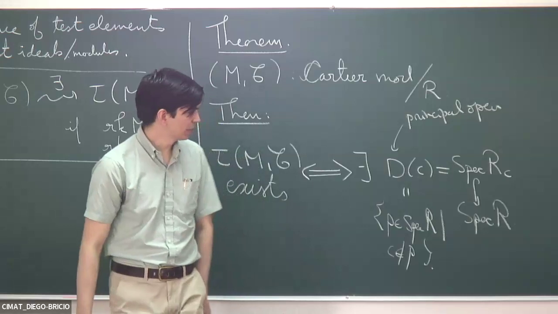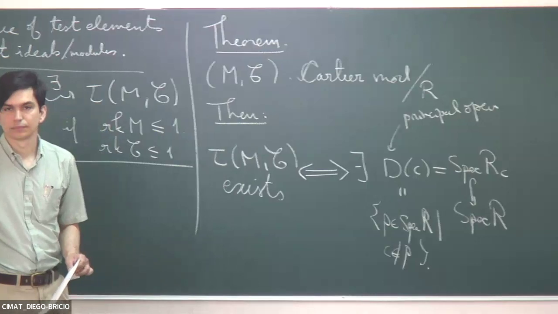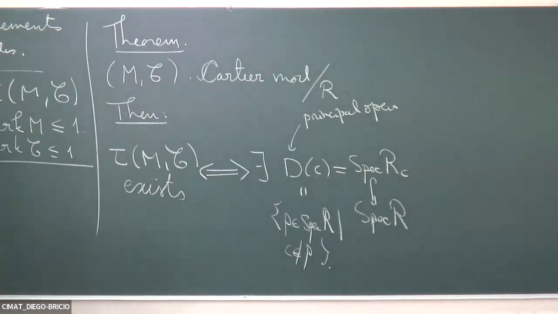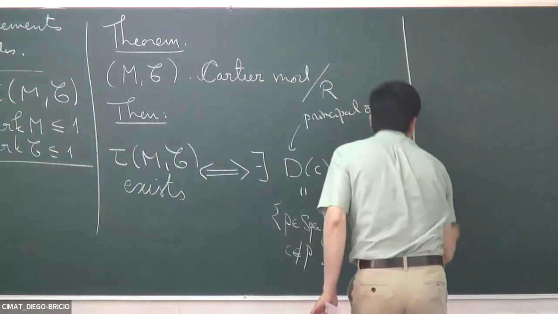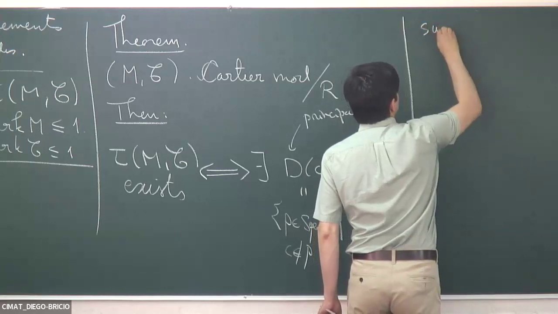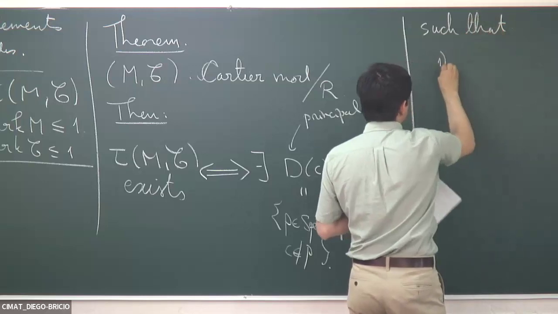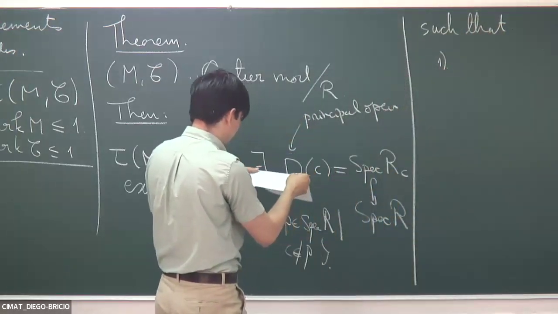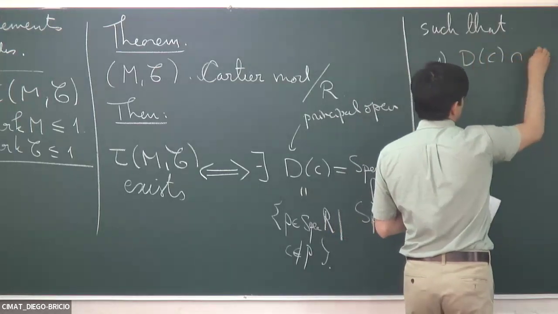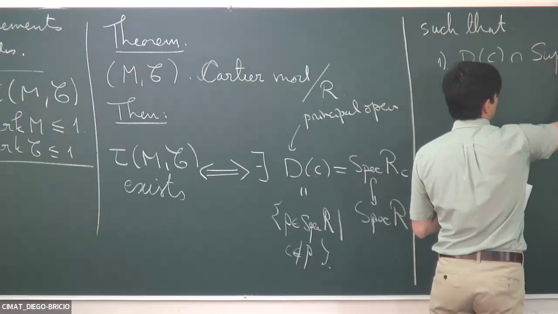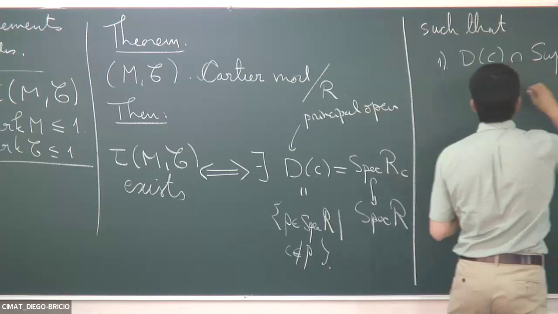So I'm claiming that there is an open in the spectrum of R with the following properties, such that it has two important properties. First of all, D(c) intersection the support of (M, C) is dense.